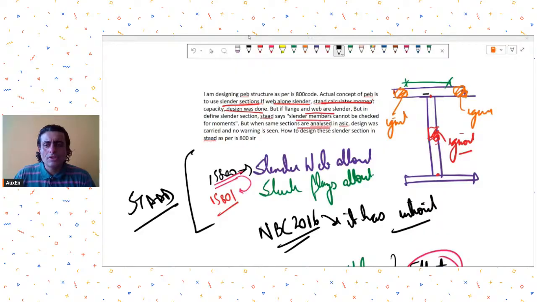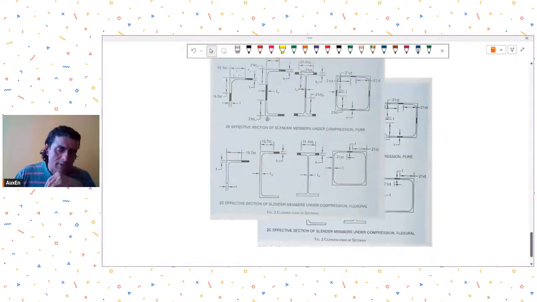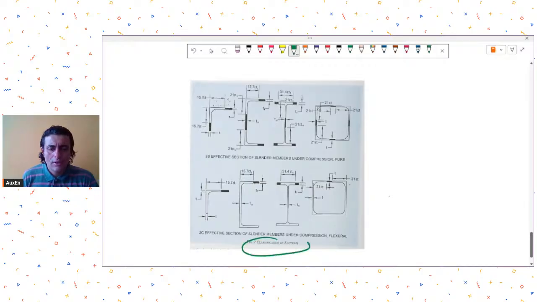If I were to take you to NBC, I have just taken that image right now. Are you able to see this image? If you look at the NBC, it is allowing you the use of the effective width method. This is the figure from NBC right after the table which gives you the classification.